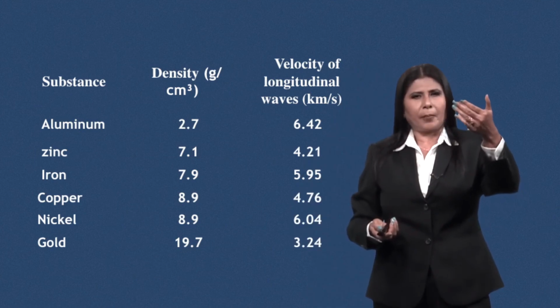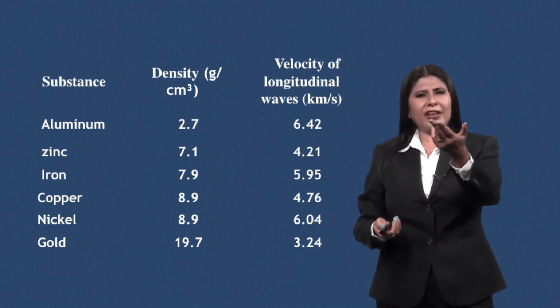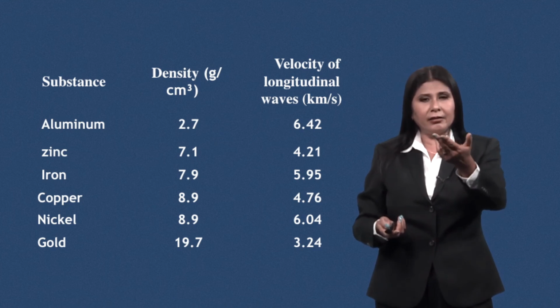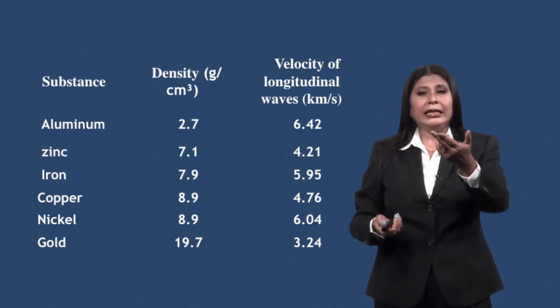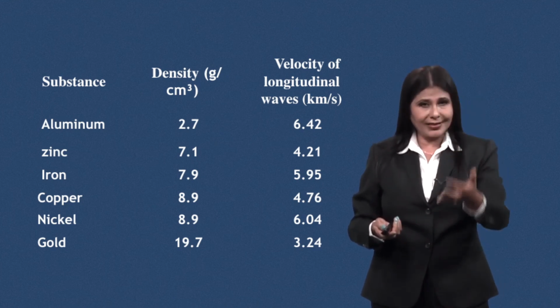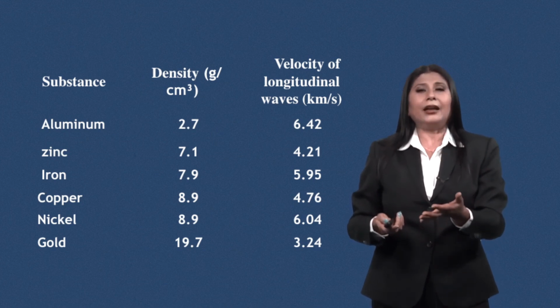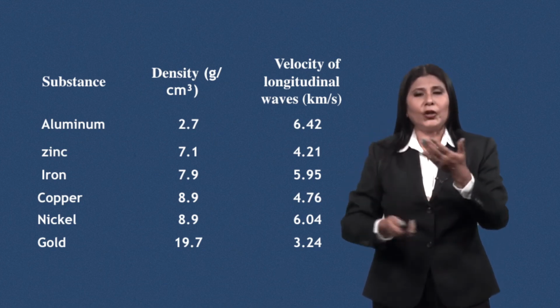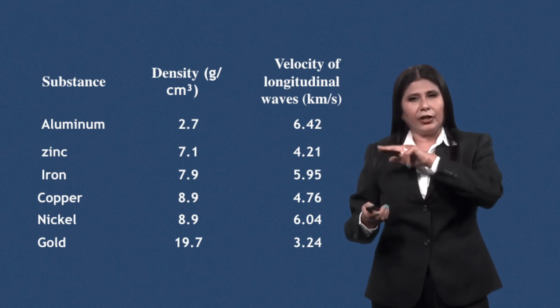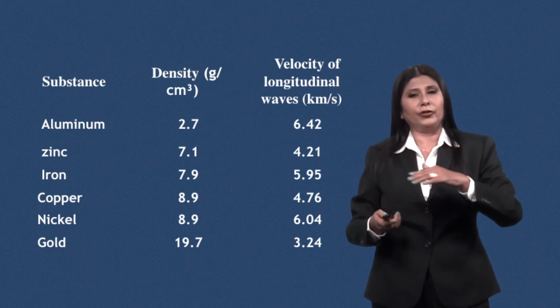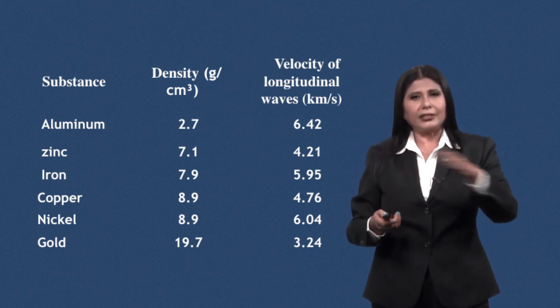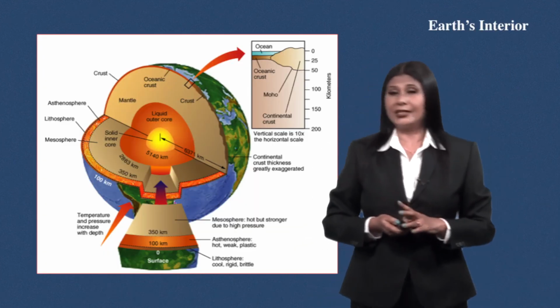Now we see aluminum is 2.7, then zinc, iron, copper, nickel, gold, how the density is increasing, and based on the density, the earthquake waves also move at a different velocity. So this is the last slide.